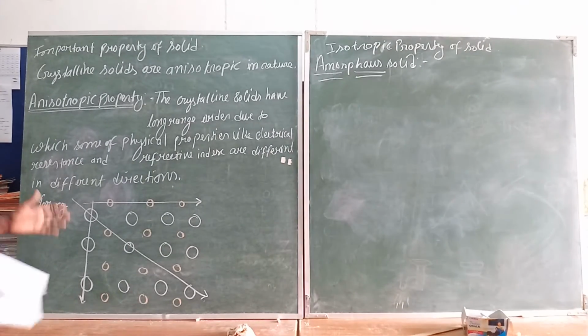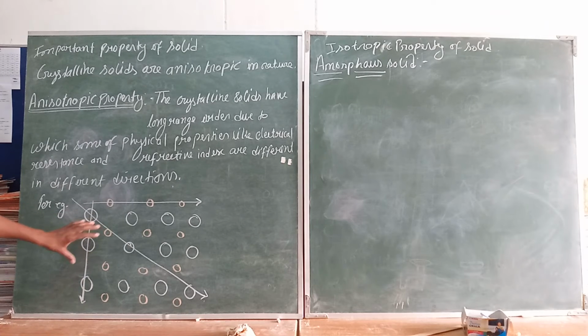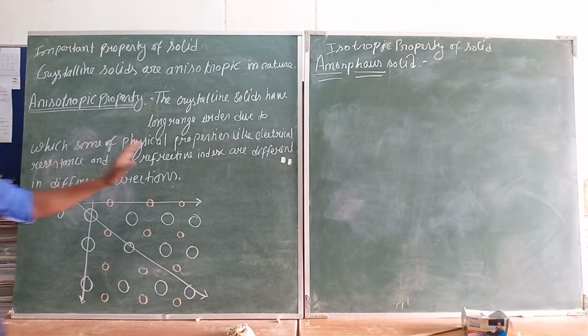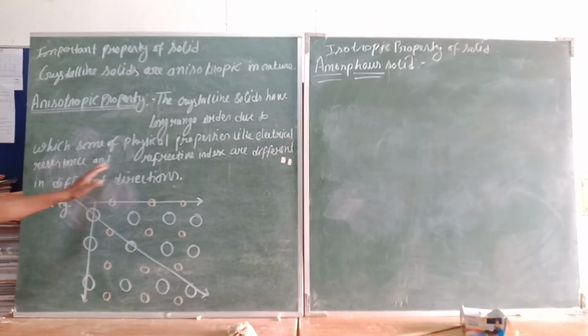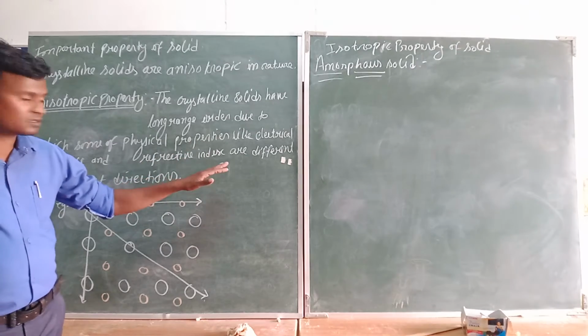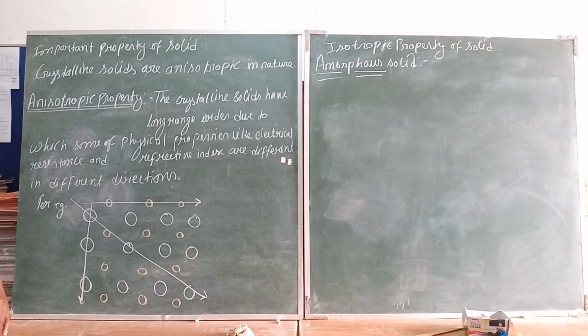Understand? In this three-dimensional crystal, due to this long range order, physical properties like electrical resistance and refractive index are different in different directions.